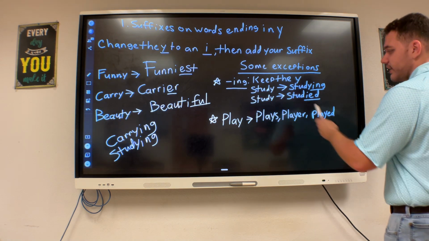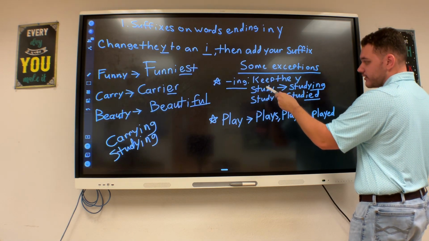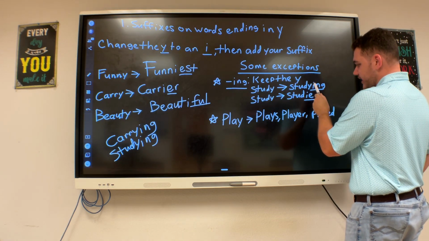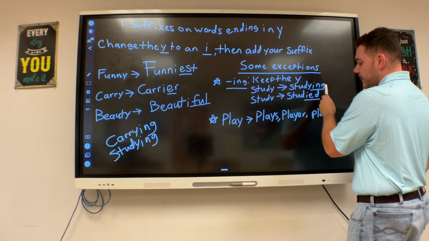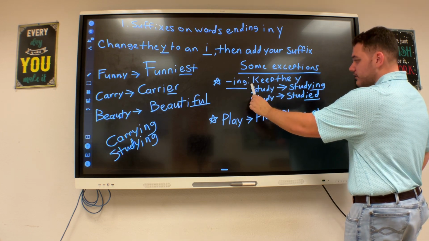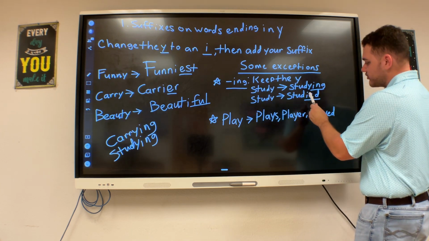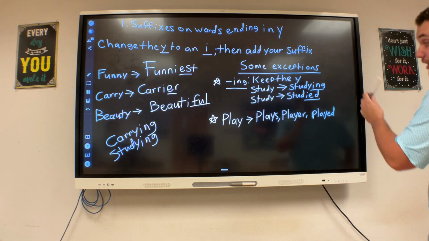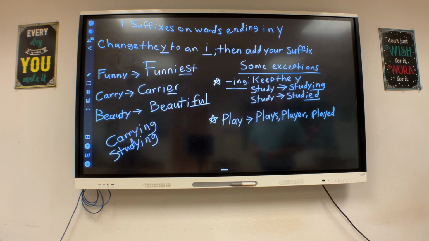Study to studying is not a different word because with the ing we keep the Y and add ing. But for any other suffix, it would work like normal. We would drop the Y and add our suffix. So it does matter. It's not just a catch-all. It does matter for that ing.